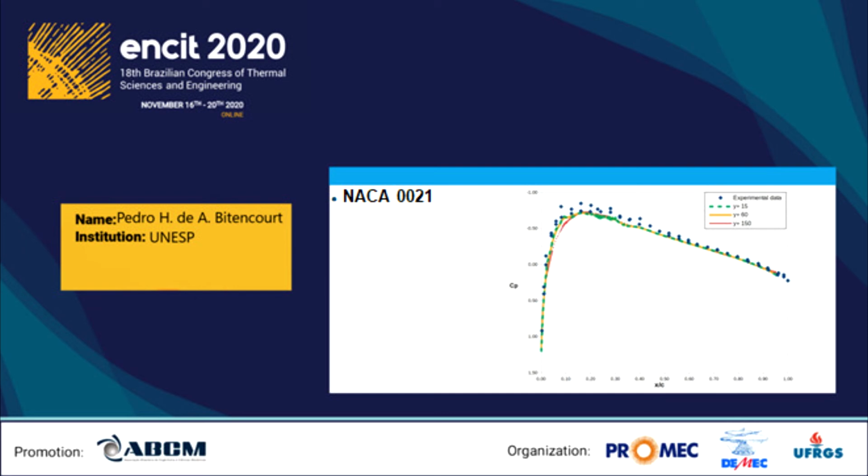Differing from the NACA 0012 test case, where a problem was found in the representation of the flow over the trailing edge, in NACA 0021 the problem was at the leading edge. In this region, the numerical data presented a significant difference from the experimental values of pressure coefficient.